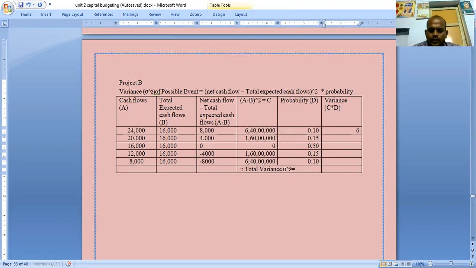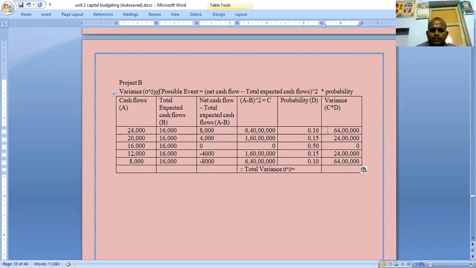Then we'll get 64 lakhs and 24 lakhs and 0, 24 lakhs again, 64 lakhs again.